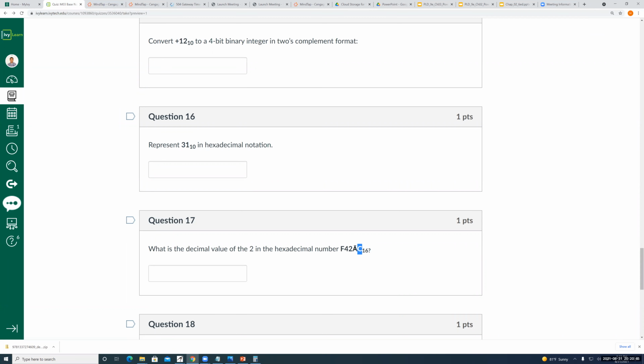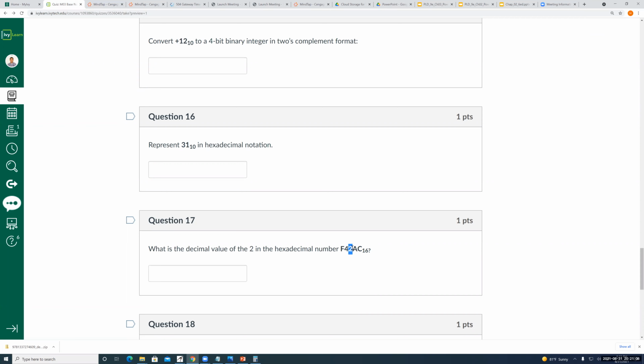See the 12? How about 8? 10. Say 10, but it's the 16 column, right? So actually you have 10 times 16, you have 160 for this one. Right. And this one, what is the column value for this one?